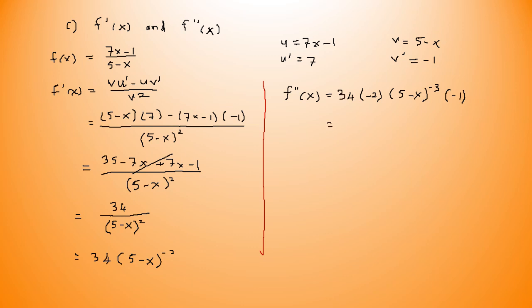Then we get f double prime is 68 over (5 minus x) to the power of 3.